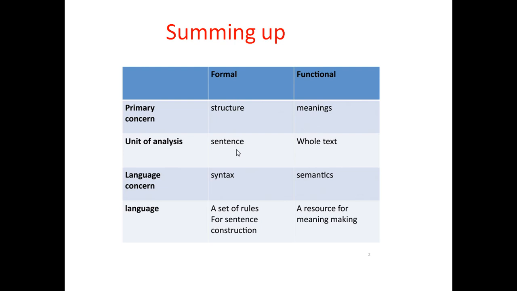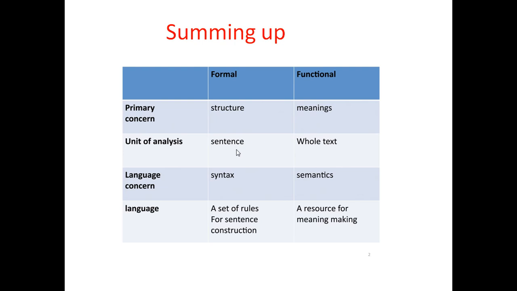Sentences are theoretical objects, whereas clauses are real objects. That's why in functional grammar we prefer to call that particular unit of analysis, which is not the main one in our approach but has a role, clause. Okay, but then we'll elaborate on this, as I promised, as we go along. Our grammatical terminology, our meta-language, will become more and more refined.